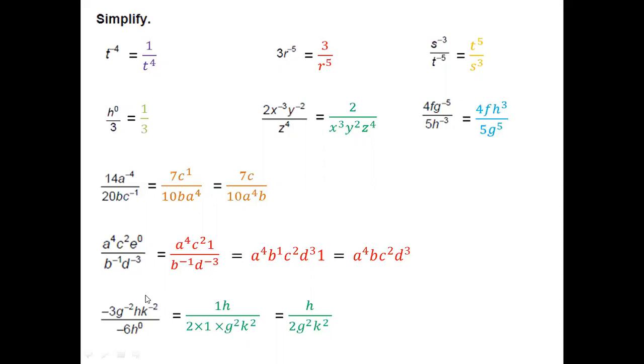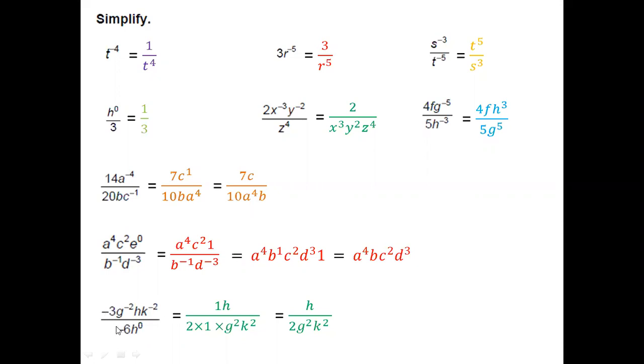Okay, now let's move on to the next one. So here again, there is h to the power of 0, right? Here again we have two numbers, and as I told you, before you start simplifying the other things, you first look at the numbers. So we have -3 and -6. Now you can simplify this with 3. The negative and negative will get cancelled, of course.